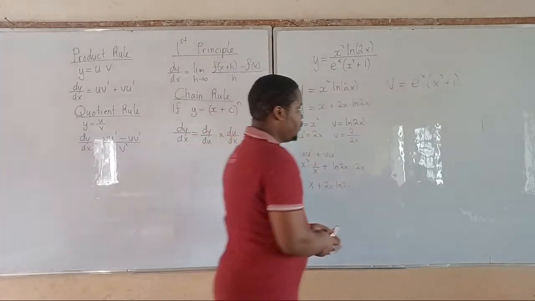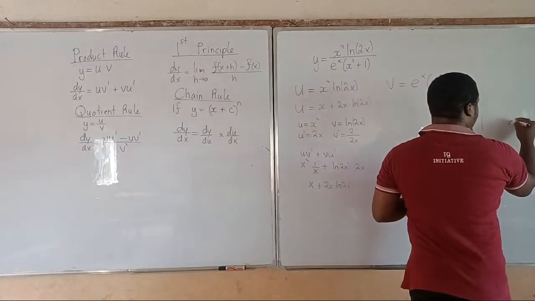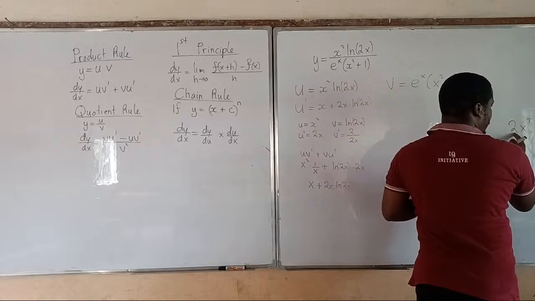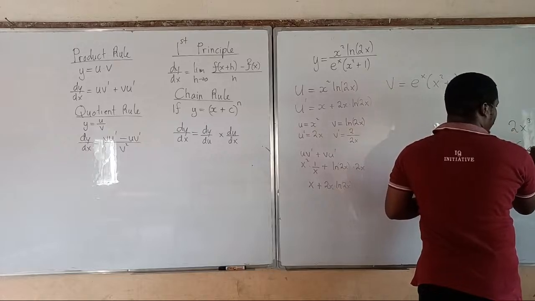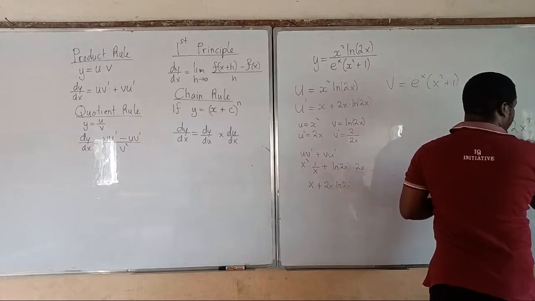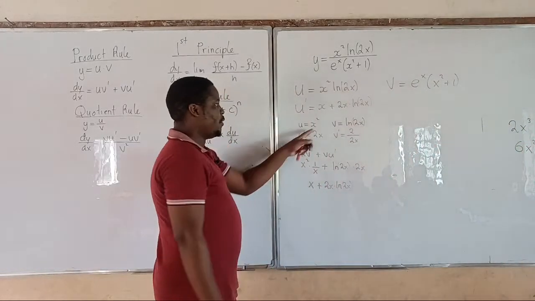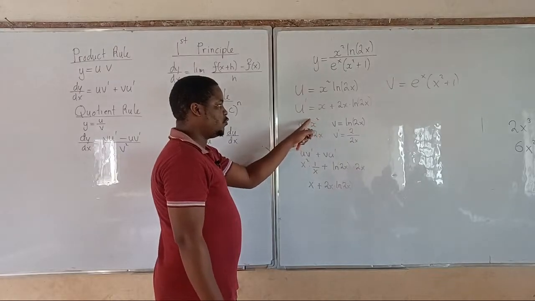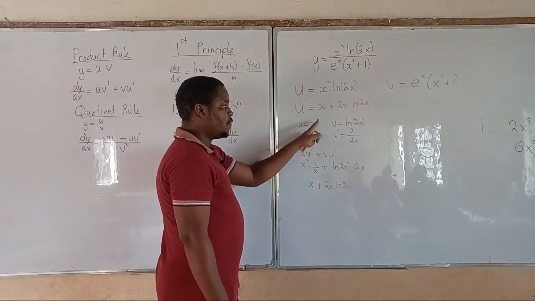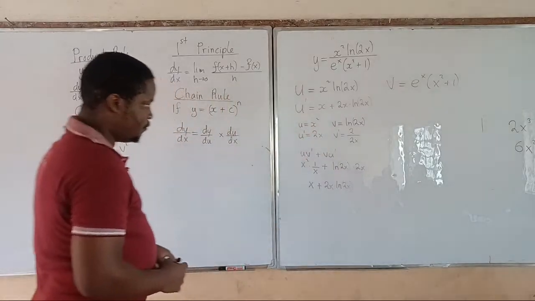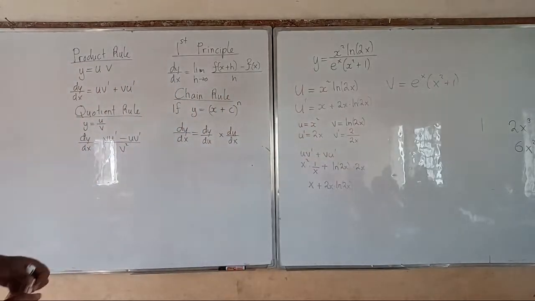Okay, let me remind you. If you have 2x to the power 3, how do we differentiate? Power times coefficient, what do we get? 6. From the power, subtract 1, what remains? 2. Now you remember. So here, 2 times 1, what do we get? 2. From the power, subtract 1, what remains? 1. I hope we're back together now.